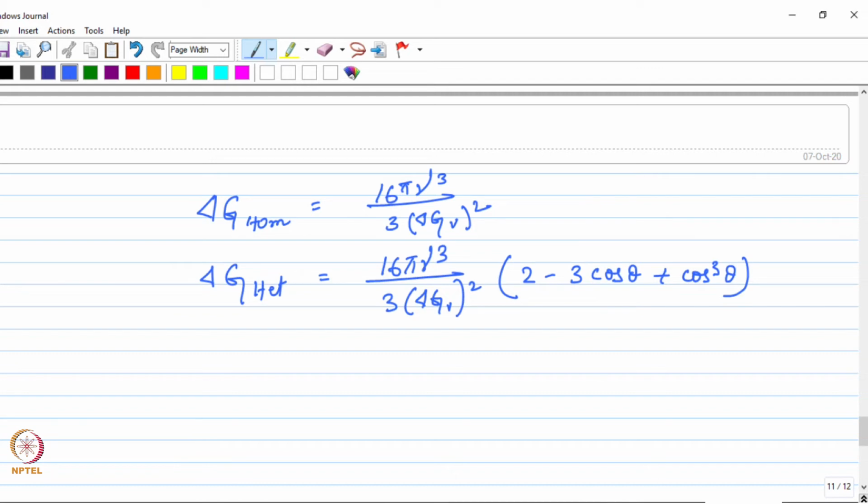So from here you can easily see that for small contact angles, delta G heterogeneous is going to be much smaller compared to delta G homogeneous. As a result, when you have heterogeneous nucleation sites, a larger number of nuclei can easily form compared to the homogeneous case.